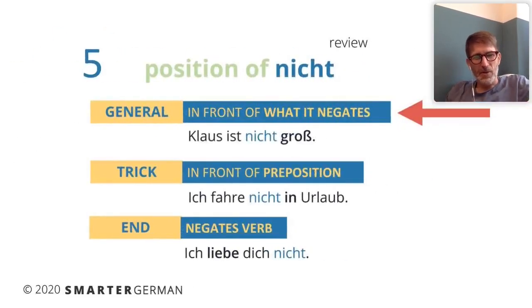Here we go, a little review. So in general, it's in front of what it negates. Yeah, with groß and klein, that actually makes a lot of sense. It's also not too far away from any other languages. The trick is if there's a preposition, just put it blindly in front of it, you're mostly right. And if it's at the end or if there's no other logical place, it is usually negating the activity, and it's not so important that there's a specific person involved or a specific object.